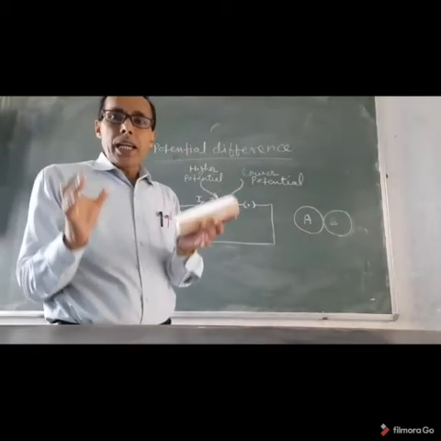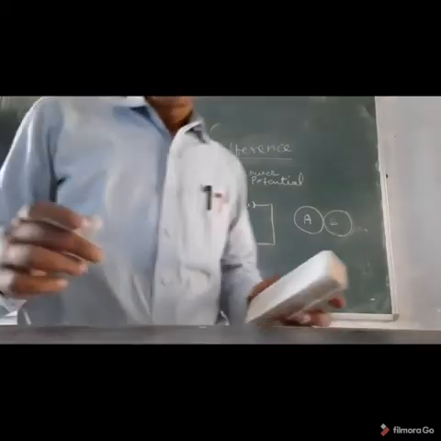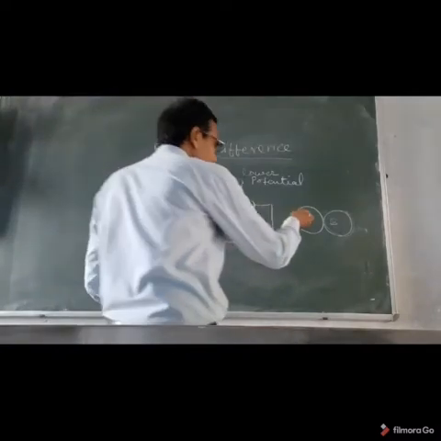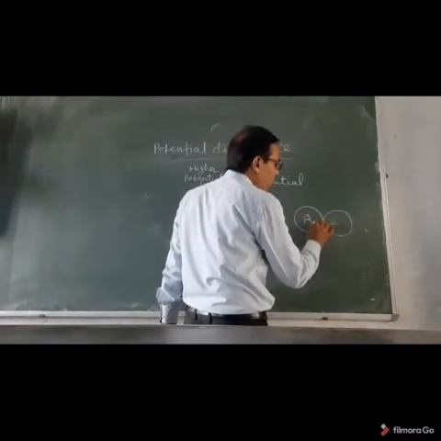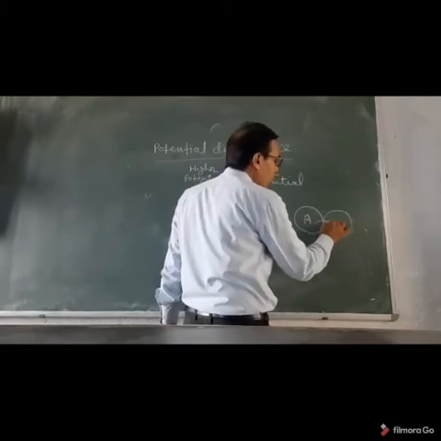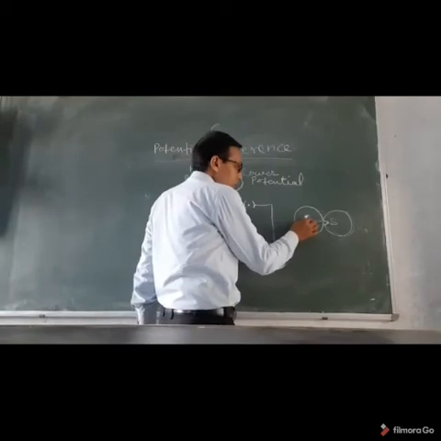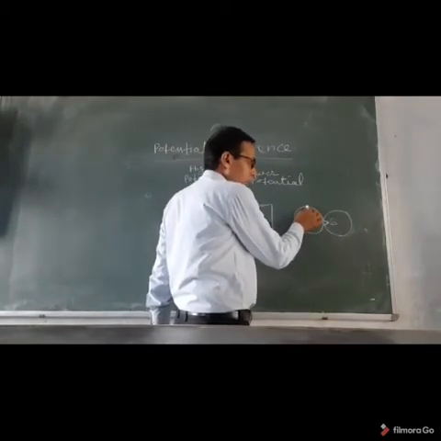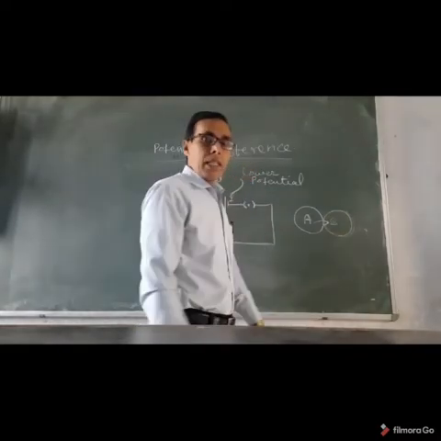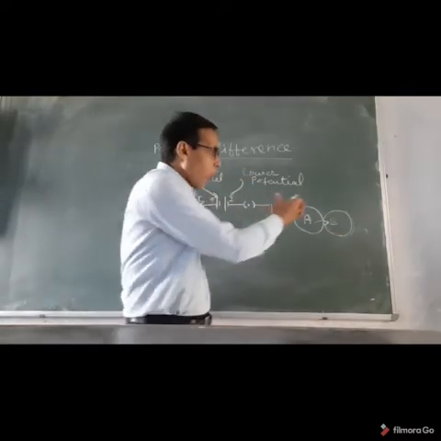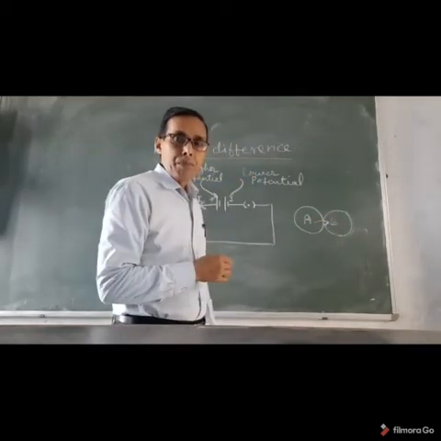Now both A and B are placed in contact. All of you know, heat always flows from the hotter body to the colder body. Heat flows from a body at higher temperature to the other body at lower temperature till the temperature of A and B becomes the same.